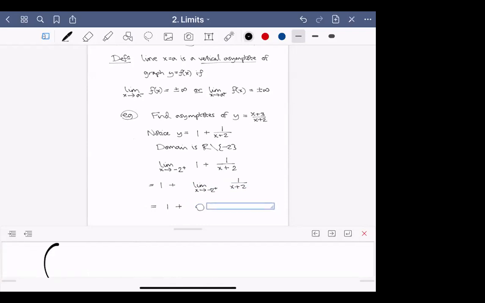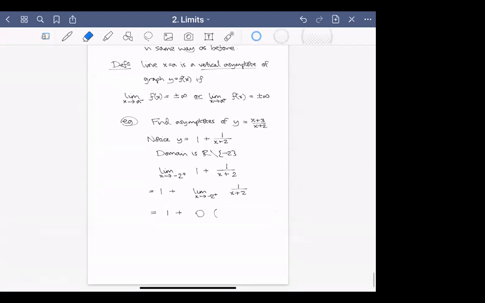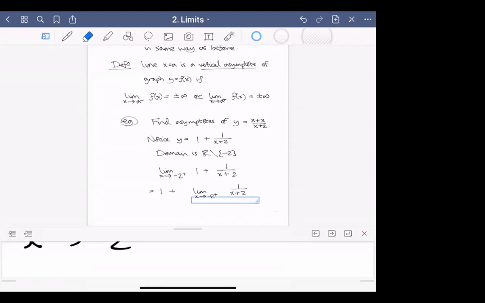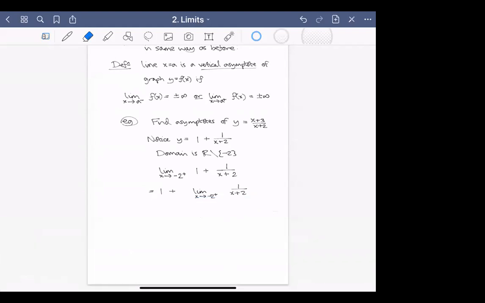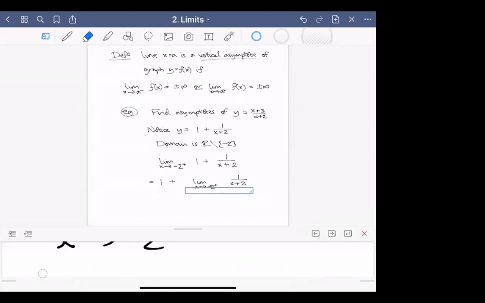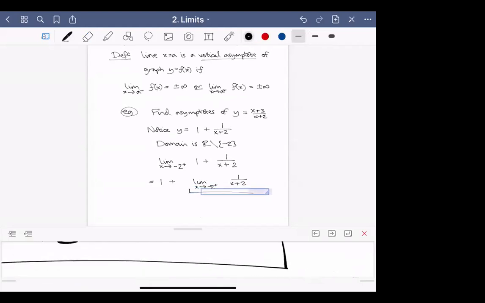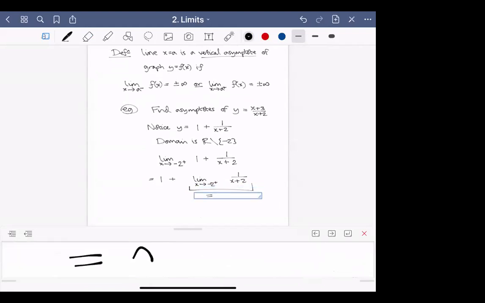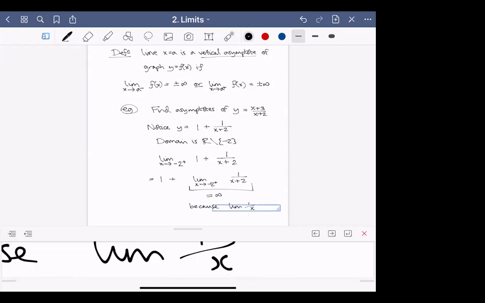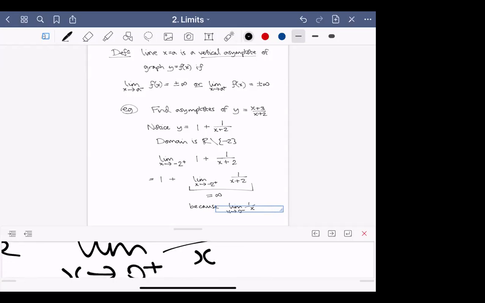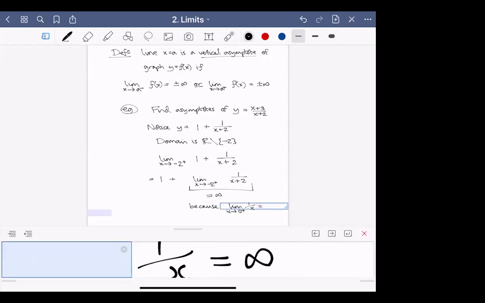So we know this is infinity, because the limit of 1 over x as x goes to 0 from the right is infinity.